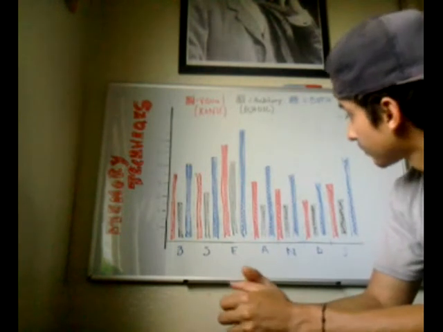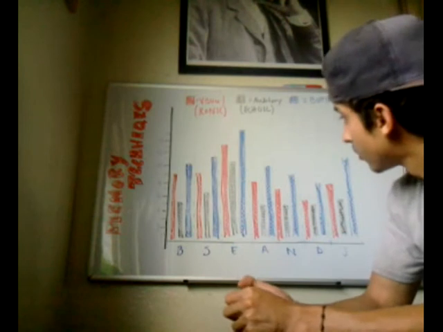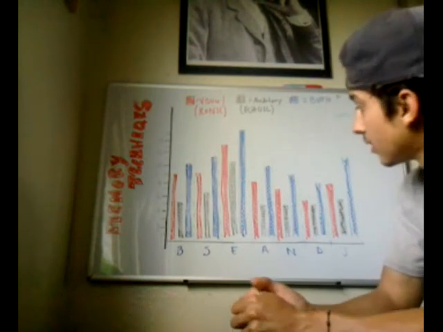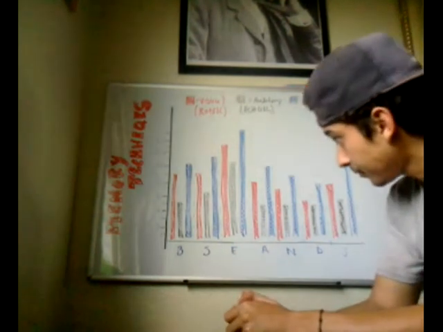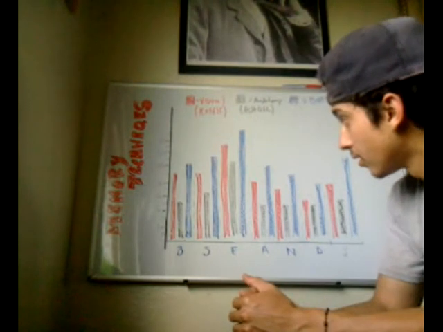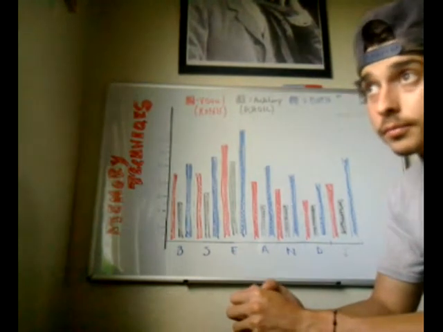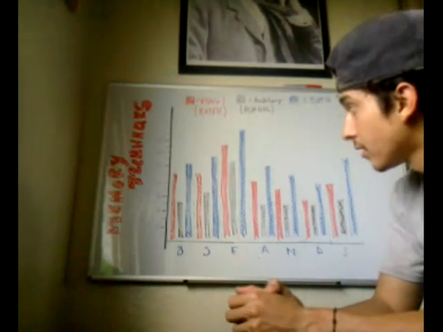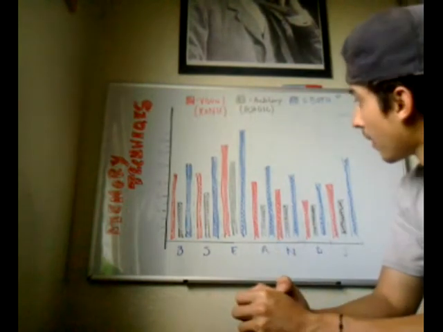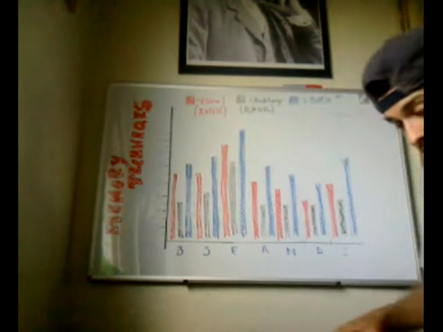But that's pretty much what I found out through this experiment, this project I conducted. I guess we're not very good listeners, and we learn or memorize things better visually. And I guess that's it.